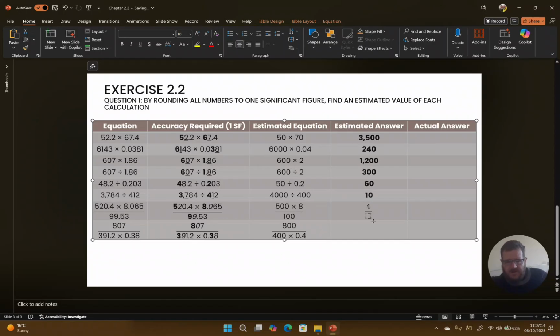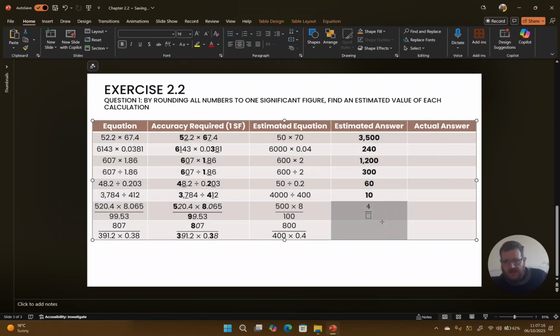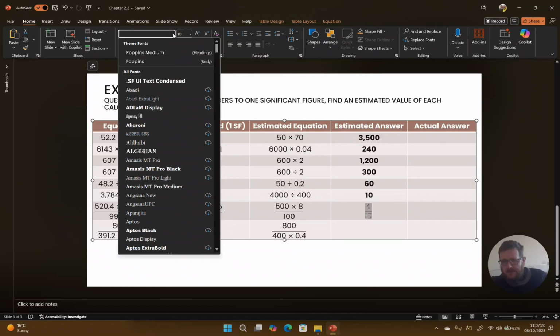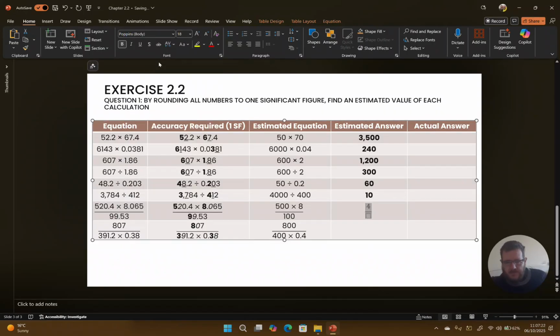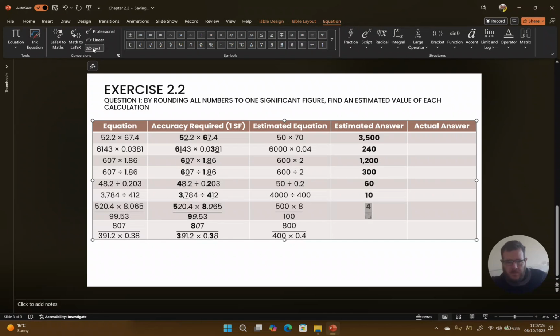You've reverted back to what you were before, and I don't want you to. There we go. Now you'll do as you're told. 500 times 8 is 4,000. Do that over 100.